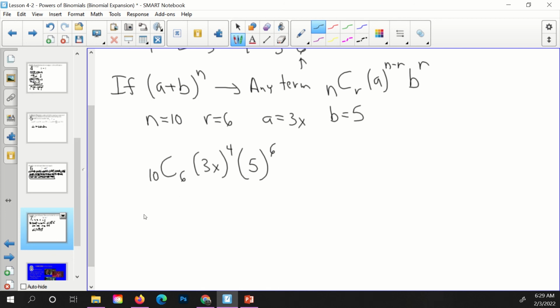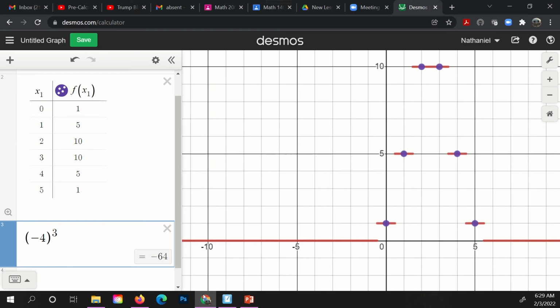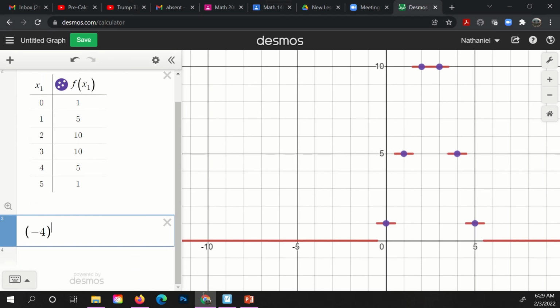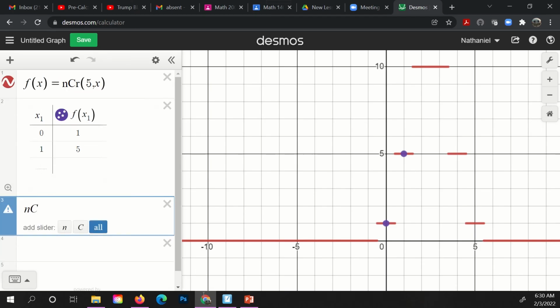Alright, so let's go to Desmos and do that. Now this is going to get real big real fast because clearly 5 to the 6th power is going to be a big number. So let's go nCr 10 comma 6 is 210.